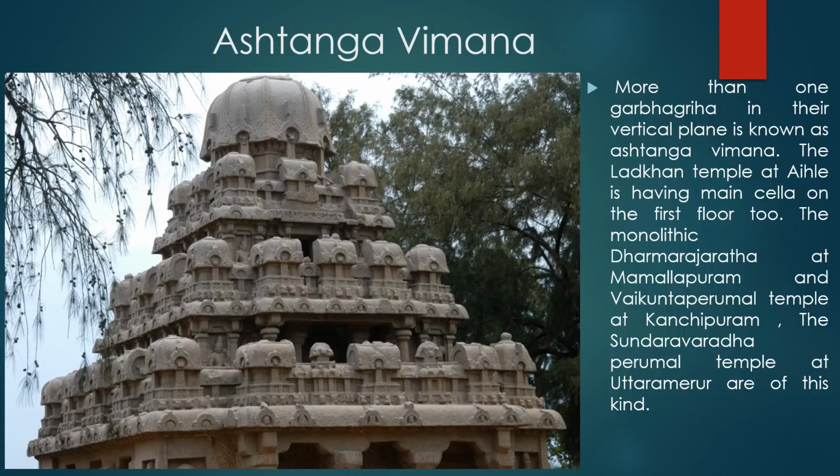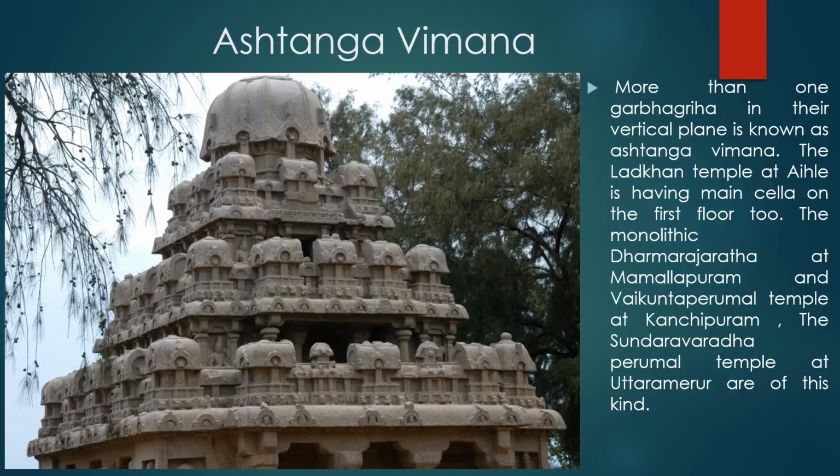The monolithic Dharmaraja Radha at Mamallapuram is another kind of Astanga Vimana. This is a 3-tala Vimana type, surmounted by the Griva and Sikhara in monolithic form, to accommodate main deities one above the other.